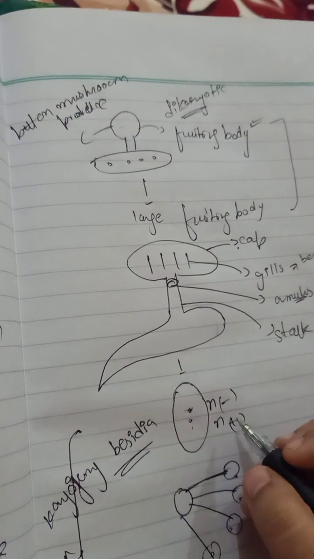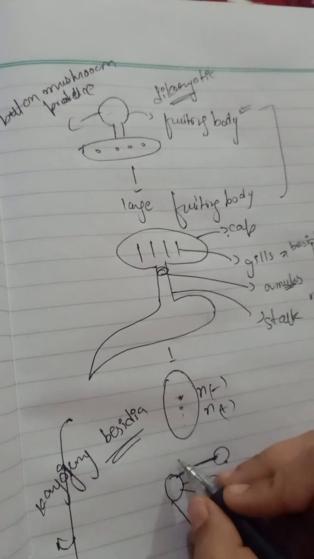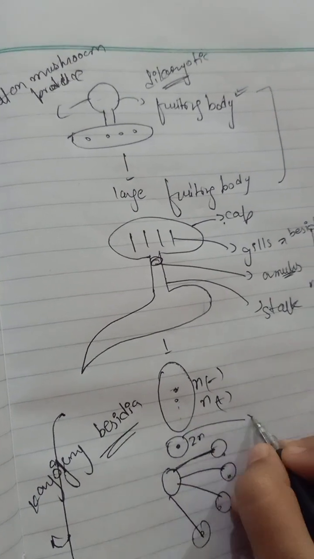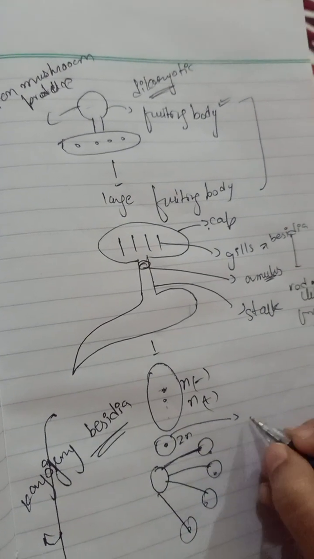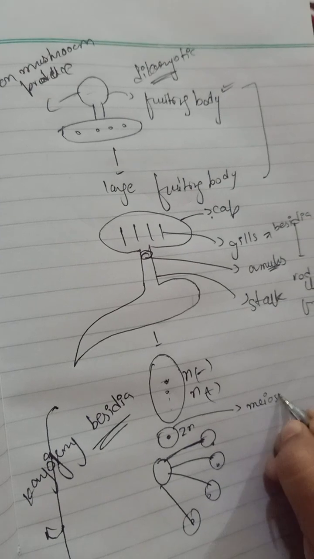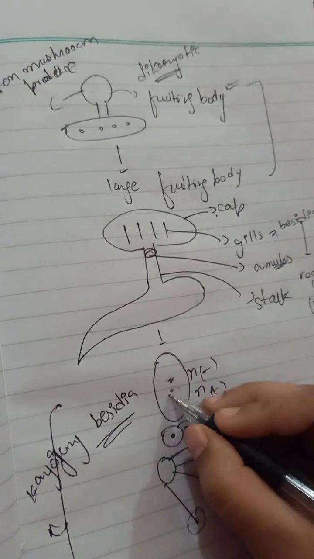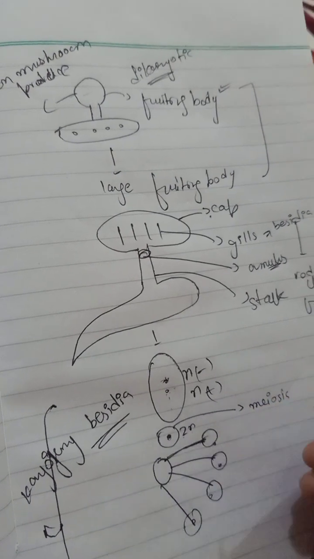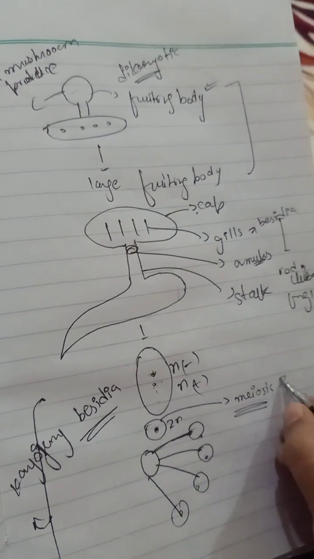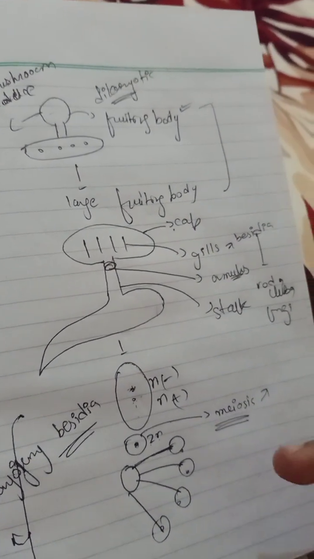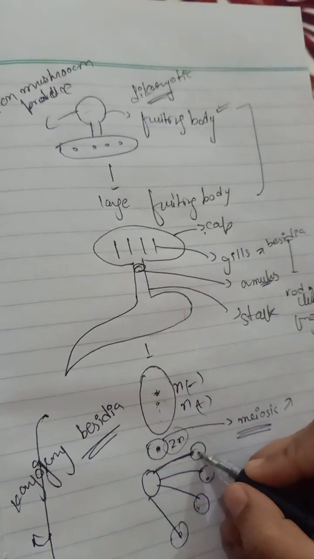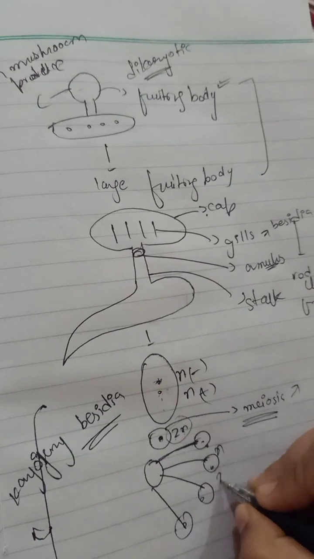After the basidia, the karyogamy will occur, the nuclei join together and become diploid, and in this the meiosis occurs. Meiosis means the chromosome number will get divided, 2n producing 4n.